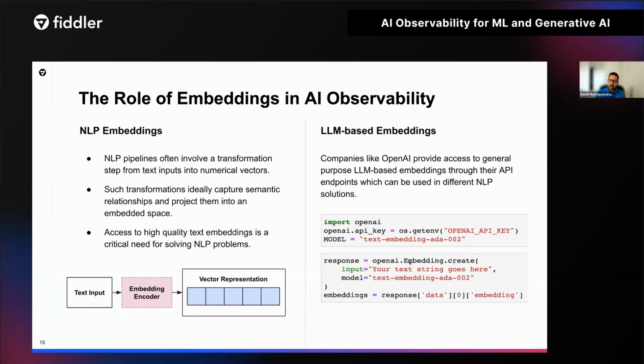You can call the embedding.create API, sending any piece of text. It will give you the vector embeddings for this text, and the dimension currently is about 1500. So you get a 1500-dimensional numerical vector for each text that you query.